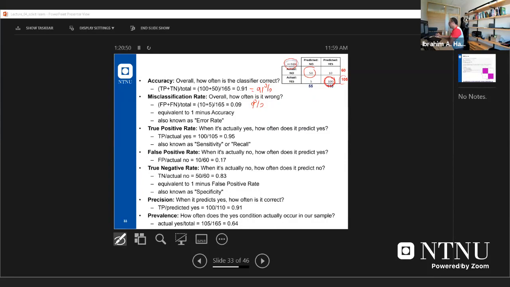False positive rate will be 10 divided by 60. True negative rate will be 50 divided by 60, right?